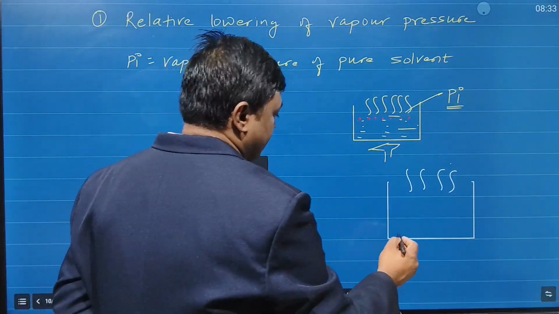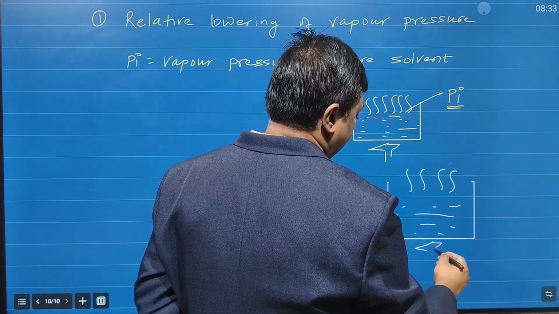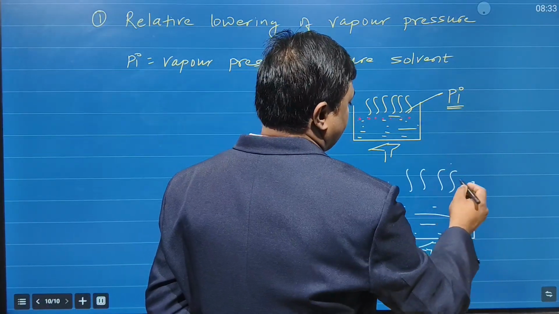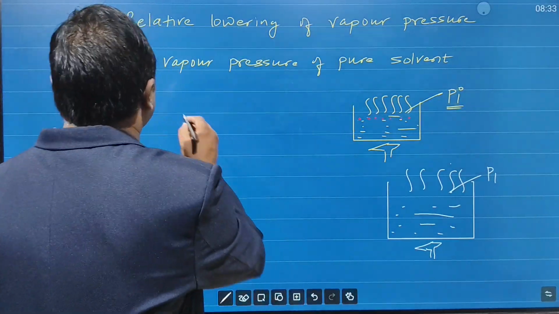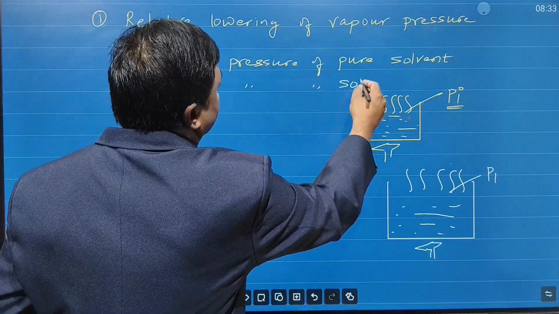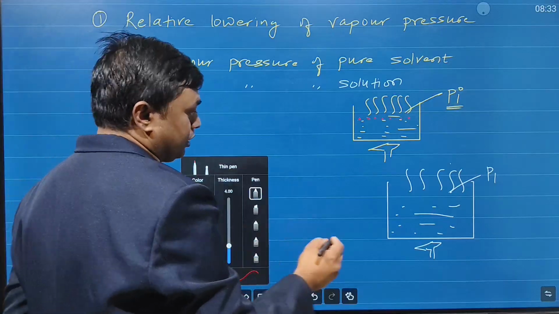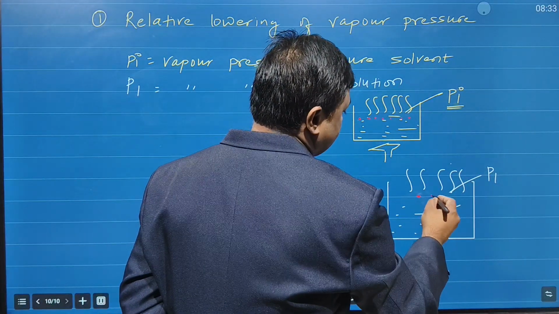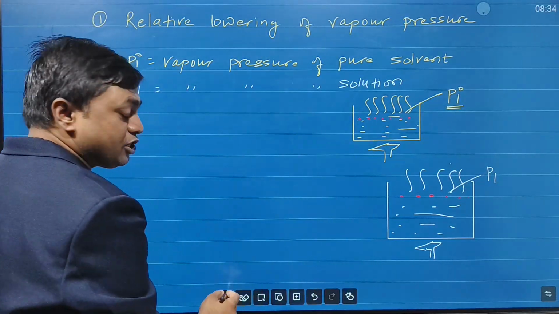Now in this solute is also there and solvent is also there. P1 is nothing but the vapor pressure of the solution, because solute is also mixed. From the solute, vapor will not generate. Yes or no? Here P1 degree is more than P1.